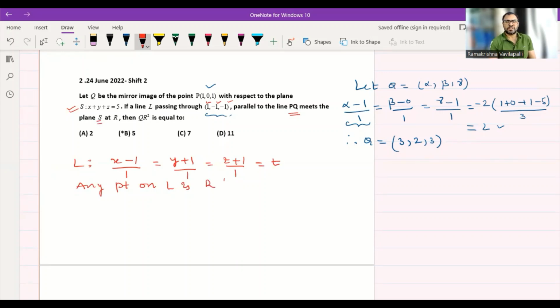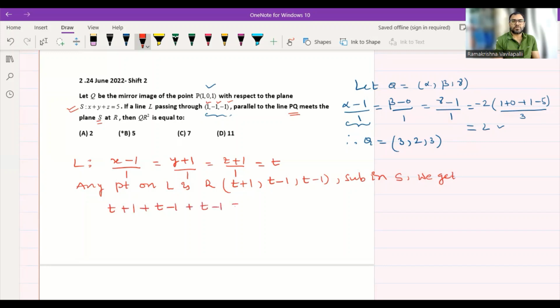So any point on L is (t plus 1), the y coordinate is t minus 1, the z coordinate is t minus 1. Substitute in plane S. We get t plus 1 plus t minus 1 plus t minus 1 equal to 5.